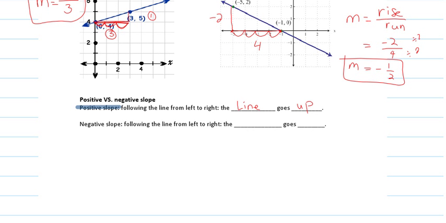Or the rise goes up, if you want. Let me just put it as the rise. So that means you're going to have a line that looks like this.